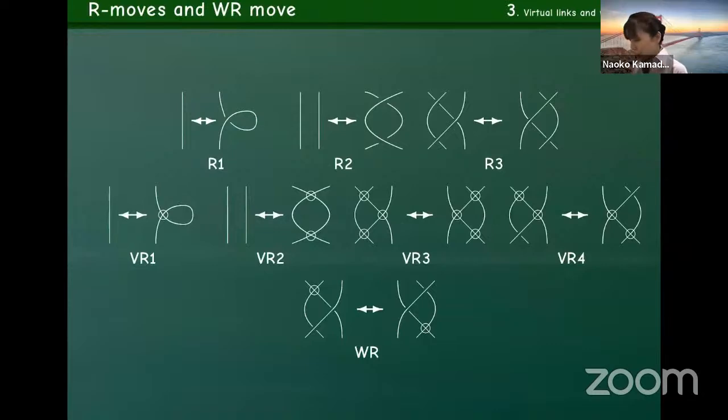These are the R moves and VR moves. Usually, the Reidemeister moves are R1 to R3, and the virtual Reidemeister moves are VR1 to VR4. The WR move is the so-called forbidden move.